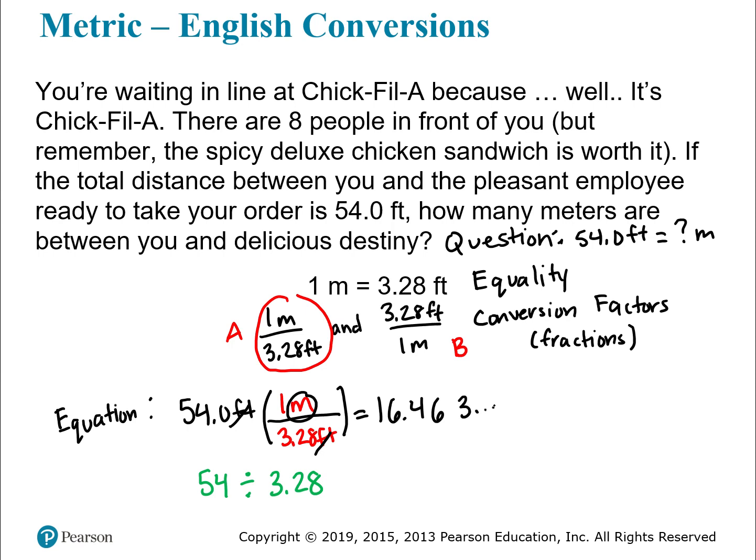So 16.463 something, something, something. That's the calculator. But we can only have 3 sig figs here because 54 feet only has 3 sig figs. So when we write that with 3 sig figs, we end up with 16.5 meters.